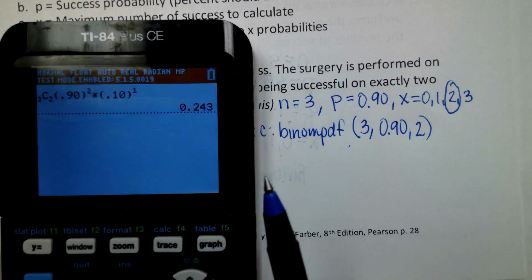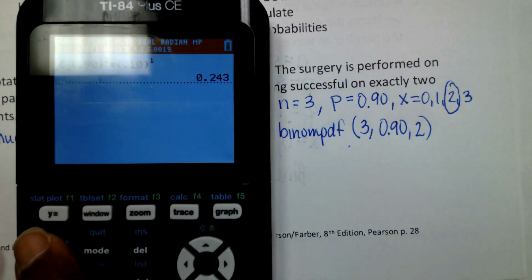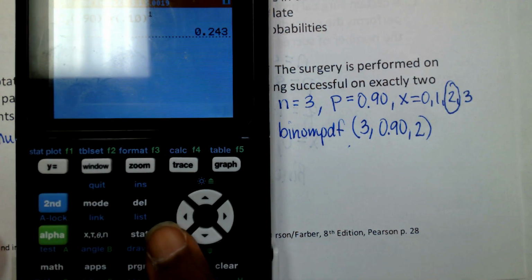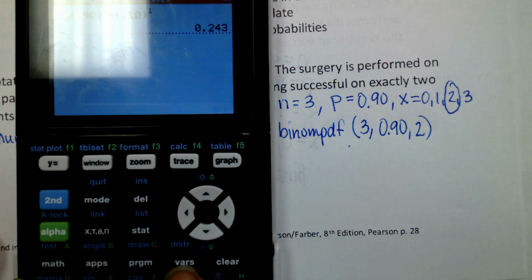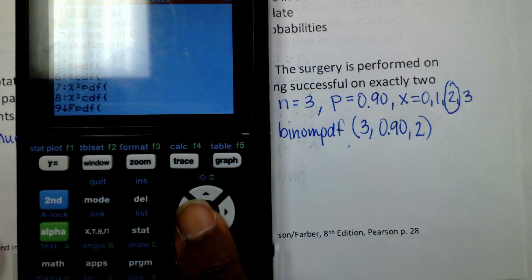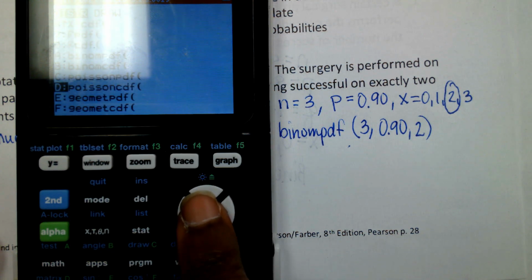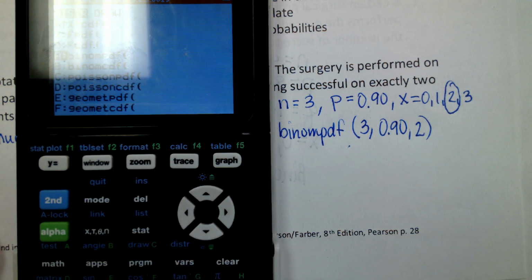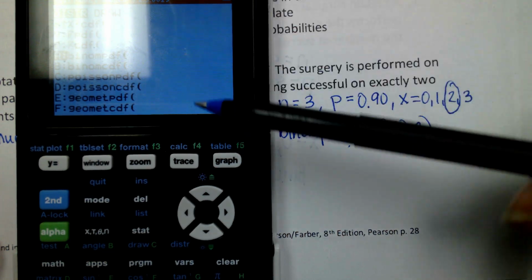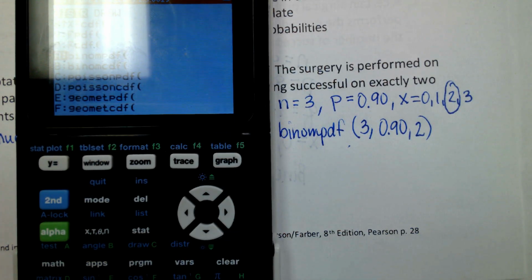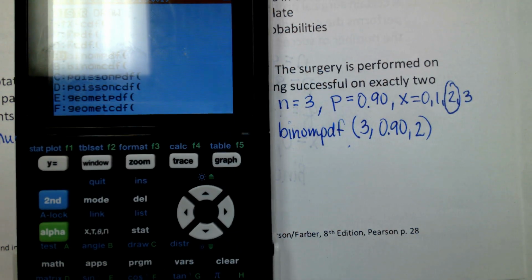Alright? So I'm going to second bars right here. I kind of cheat and go up to A. Instead of going all the way down to the 1 through 0, I go down to A. That's my binomial PDF.